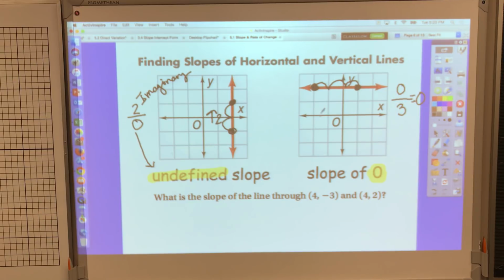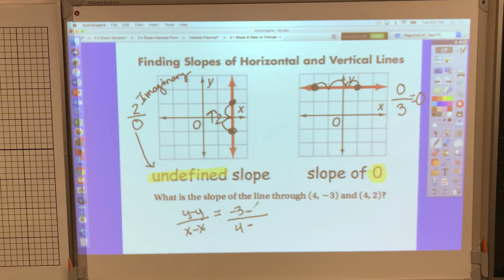Okay? So these can be identified with your slope formula too. Okay? So if I look down here, if I do y minus y over x minus x, that remembers our slope formula. I have -3 for y and 4 for x. Subtract.